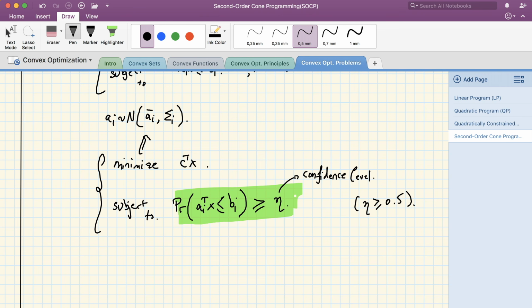Now, since AI is normal, then so is AI transpose X. So let U denote AI transpose X. So this guy is also normal.